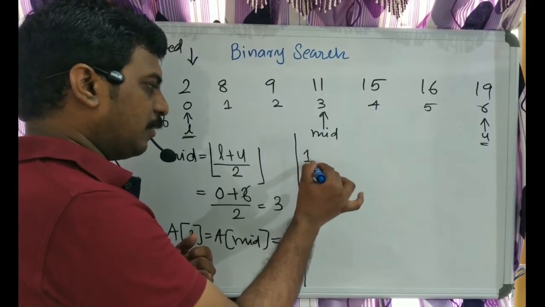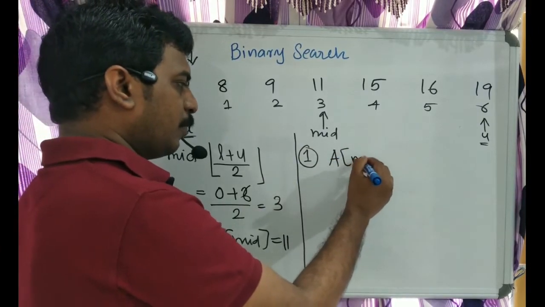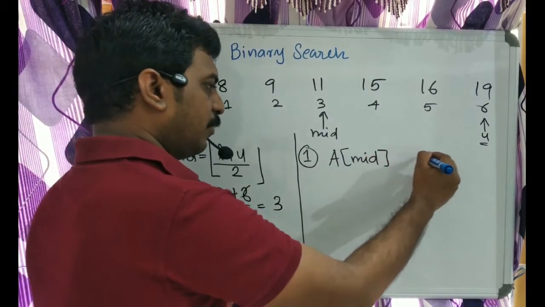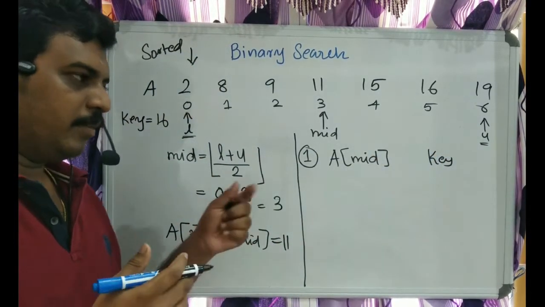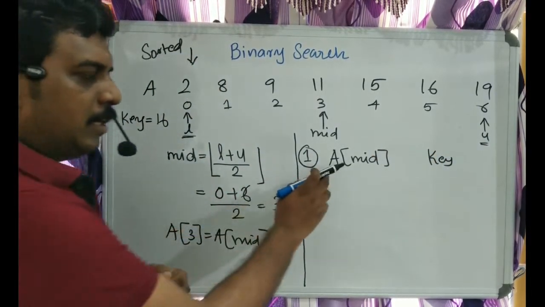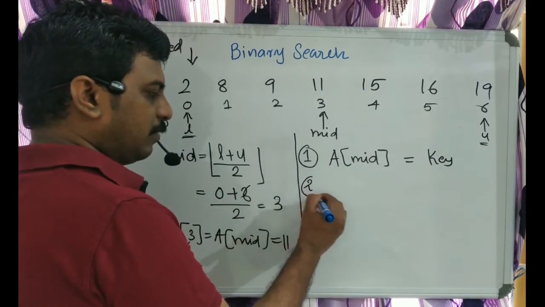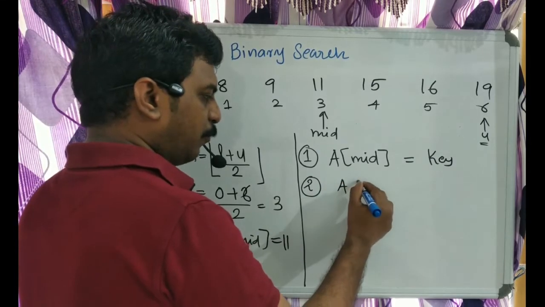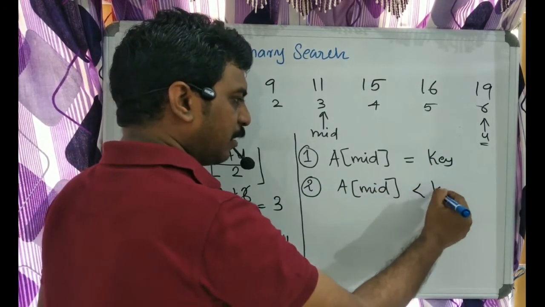Once you get the middle element, we have 3 cases in the binary search algorithm. You need to compare A of mid with key. In the first case, A of mid equals key. In the second case, A of mid is less than the key element.